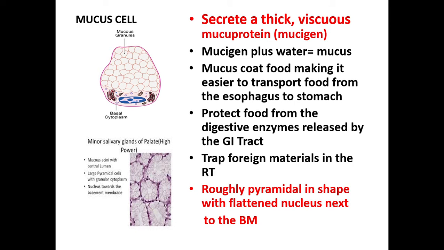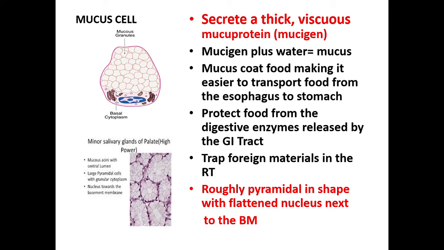The functions of the mucus are the following. It coats food, making it easier to transport food from the esophagus to the stomach. It protects food from the digestive enzymes released by the gastrointestinal tract. It traps foreign materials in the respiratory tract.